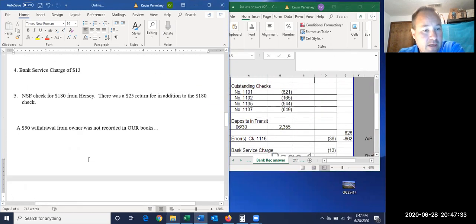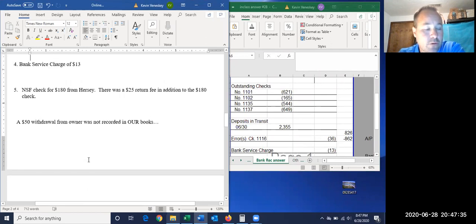Now we come down here to Hersey, and Hersey wrote us a check for $180, and we took it off of his account and put it into cash, thinking that it was a good check, but it bounced, and it shows us that on the bank statement as non-sufficient funds. And not only that, the bank charged us a $25 return fee.